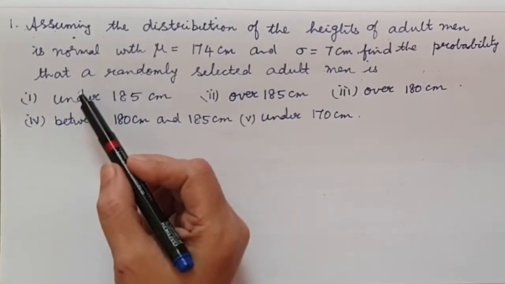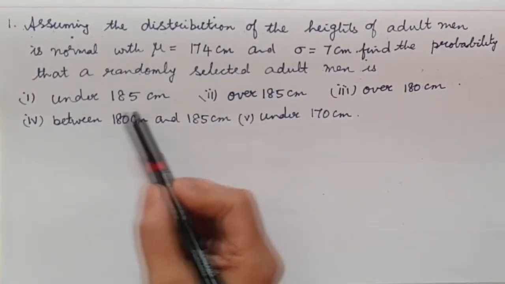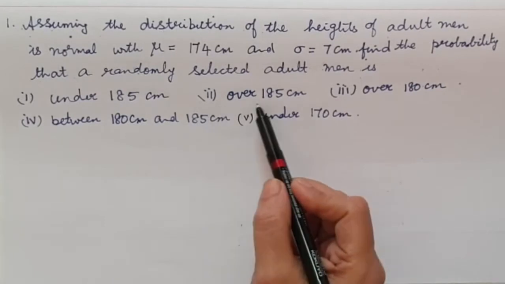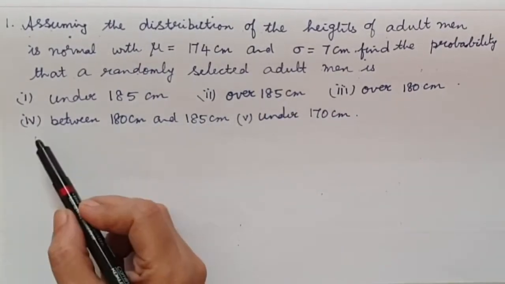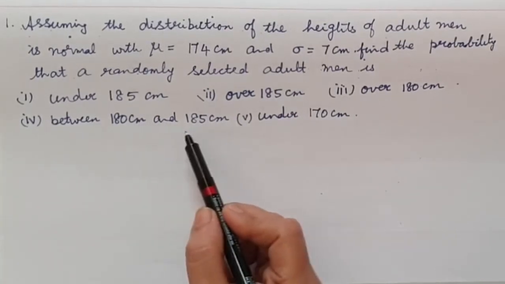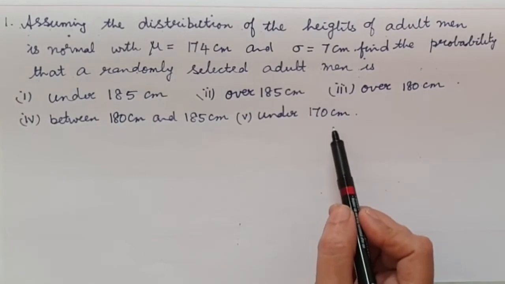Find the probability that a randomly selected adult man is, first part, under 185 centimeter, second part, over 185 centimeter, third, over 180 centimeter, fourth, between 180 centimeter and 185 centimeter, fifth, under 170 centimeters.